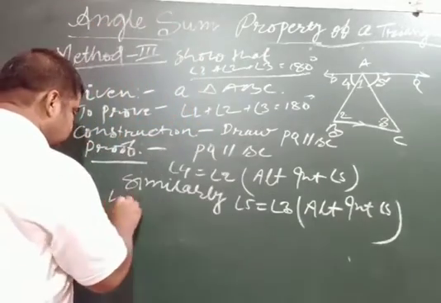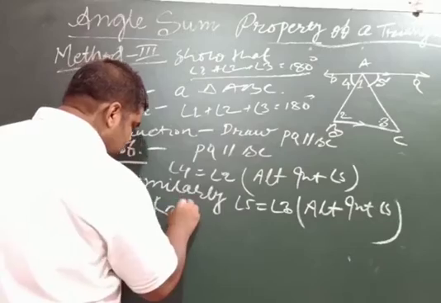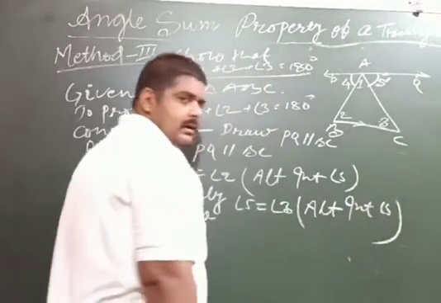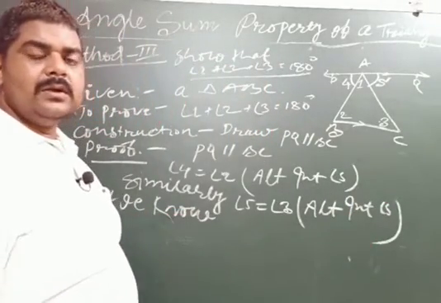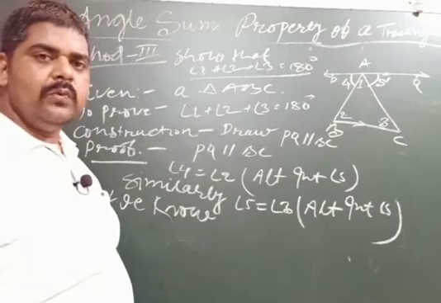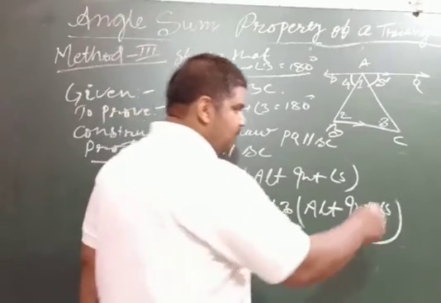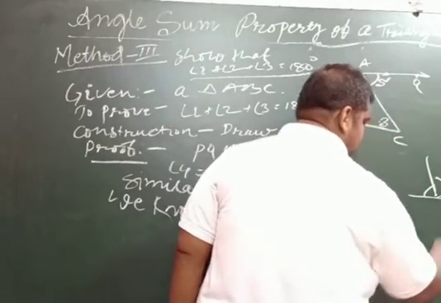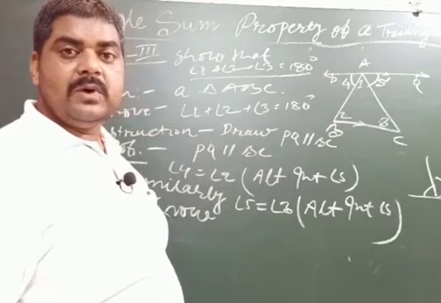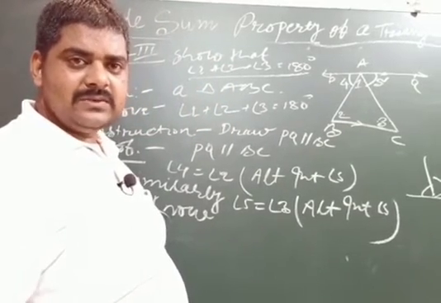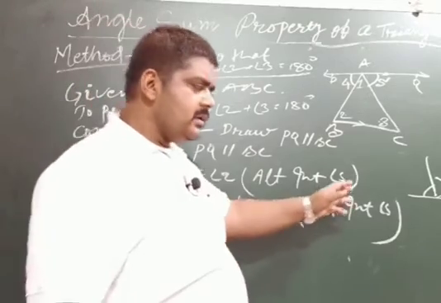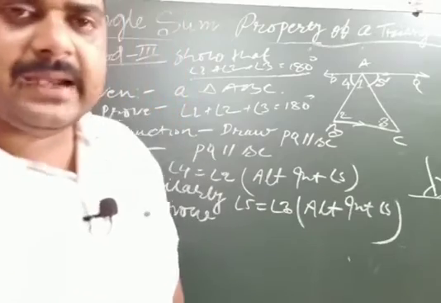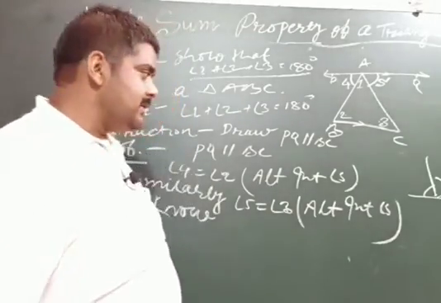We also know that the angles formed on either side of a straight line sum to 180 degrees. Why is this 180 degrees? Because the angles formed on one side of a straight line must be equal to 180 degrees.